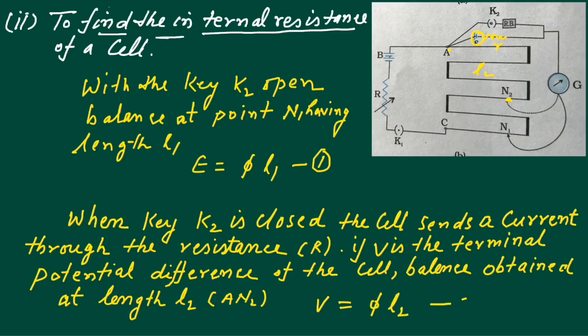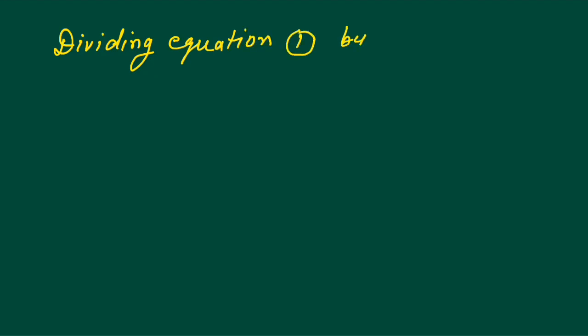This is equation number 2. Now on dividing equation 1 by 2, we get E divided by V equal to L1 upon L2.